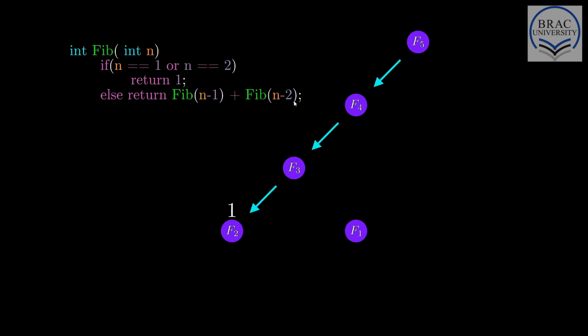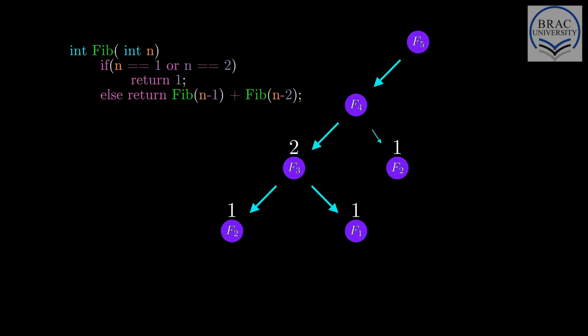Fibonacci 1 is called, and for Fibonacci 1 as well, the if case will be true and it will return 1. After the values of Fibonacci 2 and Fibonacci 1 have returned, we sum these values, and f3 will return this value to f4. Since f3 has returned with value 2, now we'll call f2.